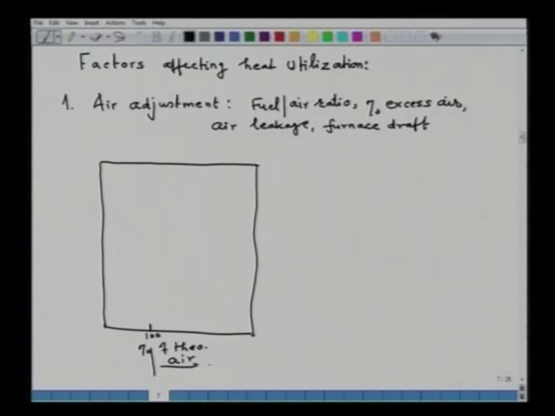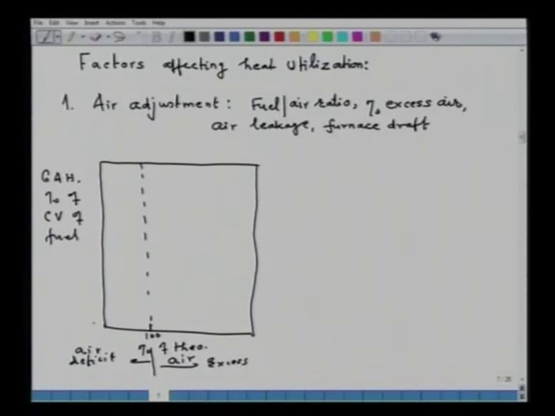So, this side is excess air and this side is air deficit, that is, less than stoichiometric air and more than stoichiometric air. This point, 100, is the stoichiometric amount of air. Now, on the y axis, this is the gross available heat, GAH, in percent of calorific value of fuel.